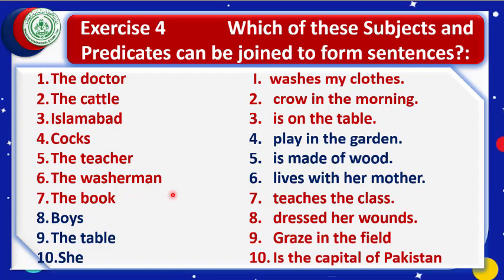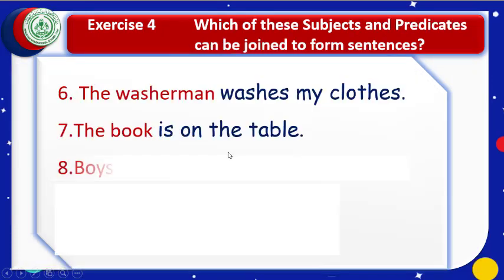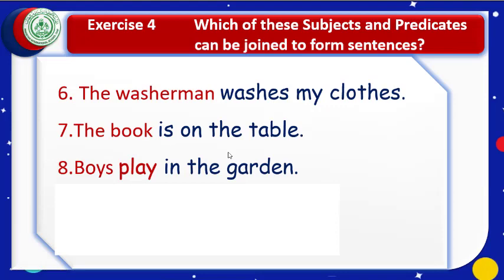Boys play in the garden. Yes, this is the correct option. Boys play in the garden. Let us write. Yes, boys play in the garden. Let us write the next one.